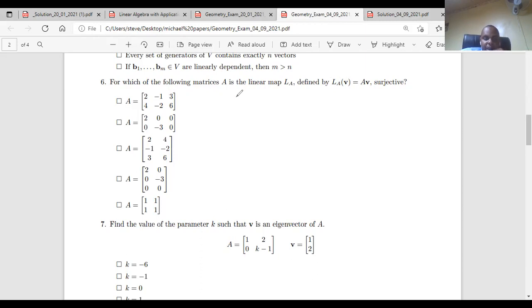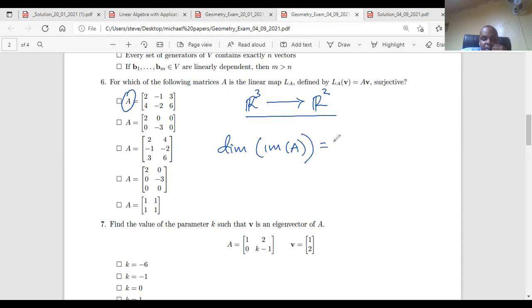For example, in number 1, A is taking us from R3 to R2. So you just need to show that the dimension of the image of A is 2.